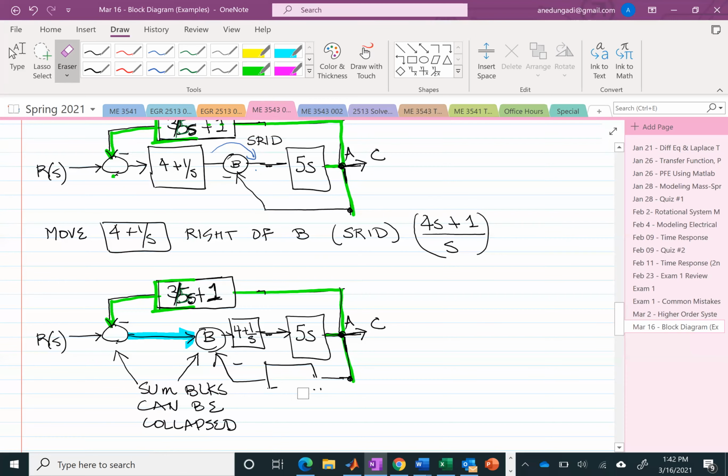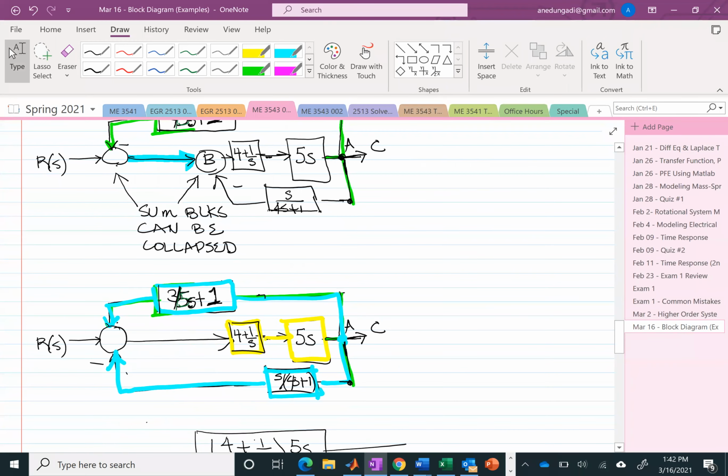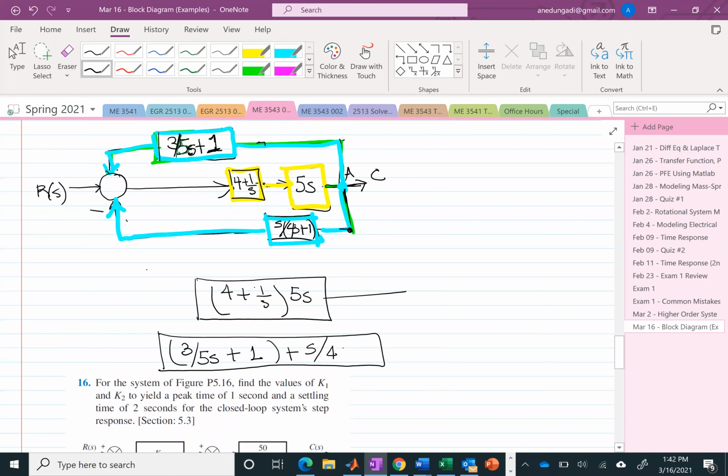So that's going to be s divided by 4s plus 1. You agree? S divided by 4s plus 1. That's what I have there.